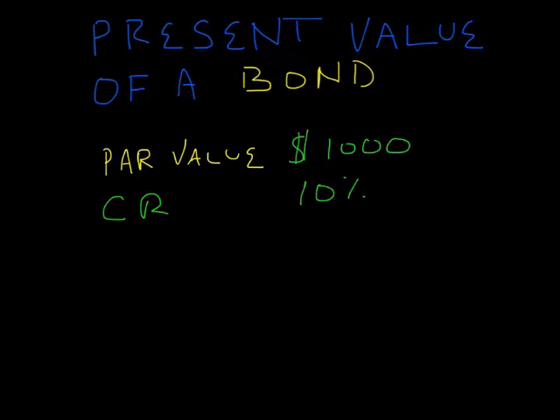If they say we're going to pay you 10% every year until it matures, and I think we said 15 years, how much is 10% of $1,000? $100. So you're going to get a stream of $100 every year for your bond investment.